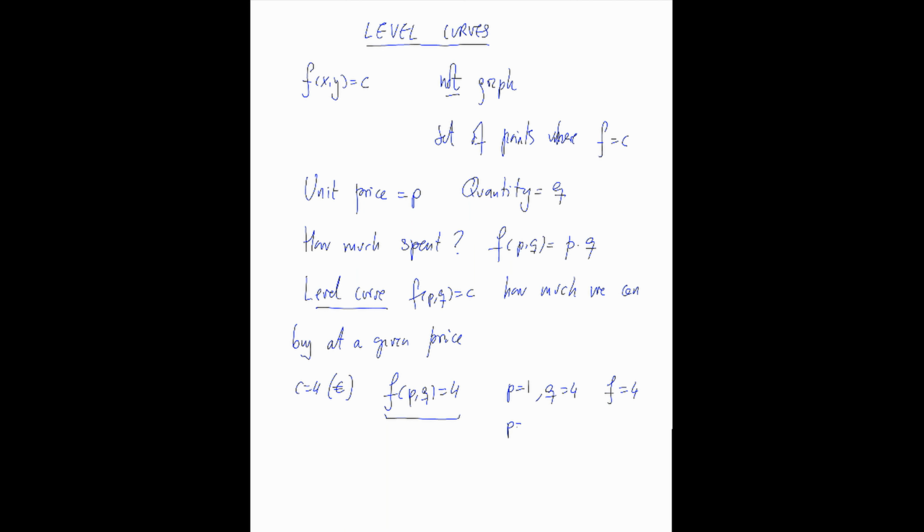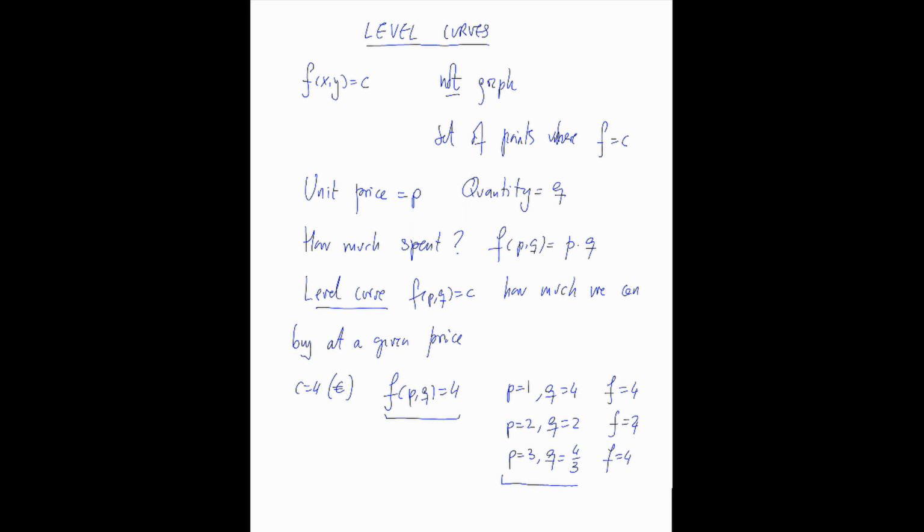If the price is equal to 2 and we buy 2 units, we spend 4 euros. If the price were equal to 3 and the quantity is 4/3, remember I said we can use fractional quantities for this example, then f is also 4.